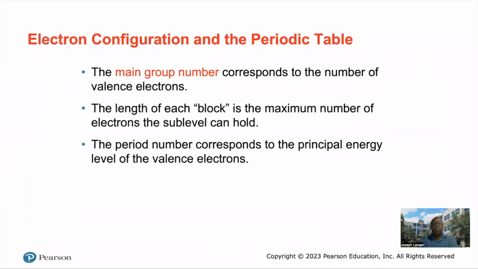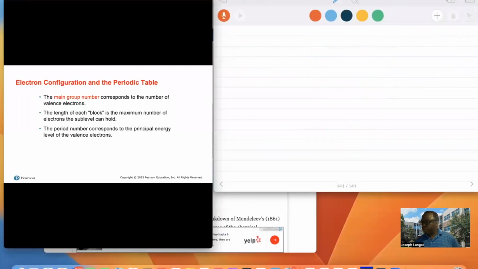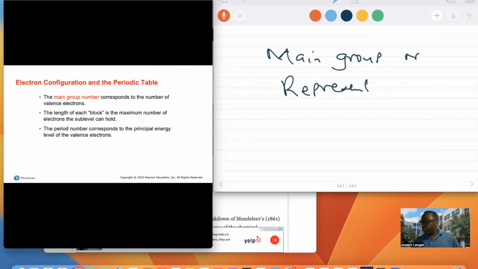Here are some bullet points you need to take home moving forward. The main group, when we say main group, those are the groups on the periodic table which are numbered using a letter and a number, like 1A. Let me just say here, main group or representative elements.